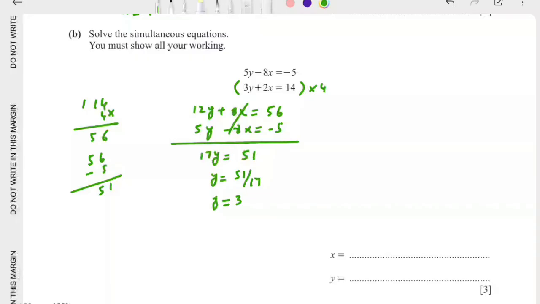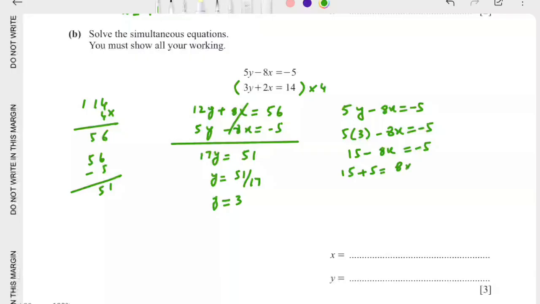We will substitute this value in any one of the equations. So I will substitute in equation number 1. So 5y minus 8x is equal to minus 5. So 5 into 3 minus 8x is equal to minus 5. This becomes 15 minus 8x is equal to minus 5. Now we'll shift minus 5 to the left hand side, it will be positive. 15 plus 5, and minus 8x on the other side would be positive also.